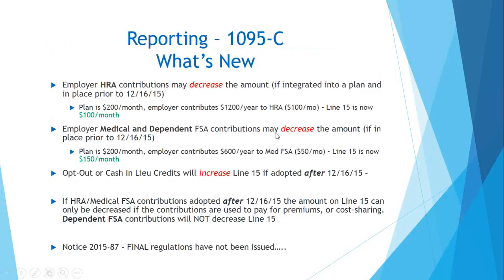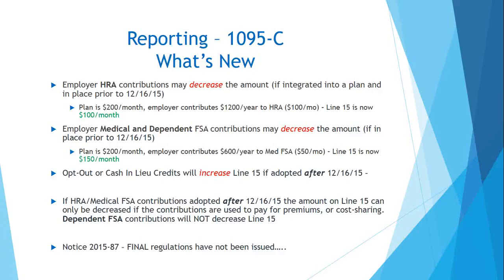So what's new for line 15? Notice 2015-87 is proposed regulations the IRS is asking everyone to follow. There are not final regulations that have been released yet. At this point, I'm not sure that I really expect them to be released. They were suggesting that we'd see final regulations before January 1st.